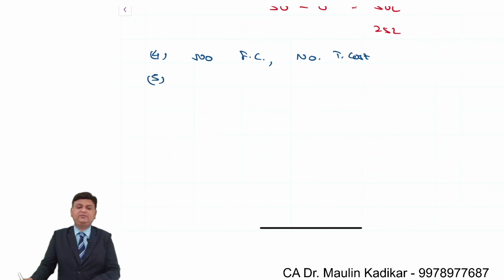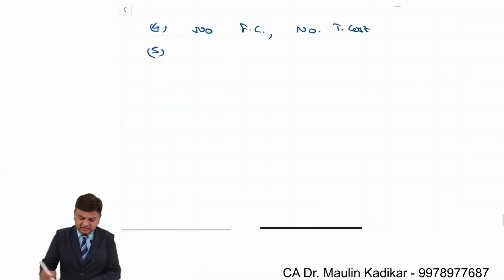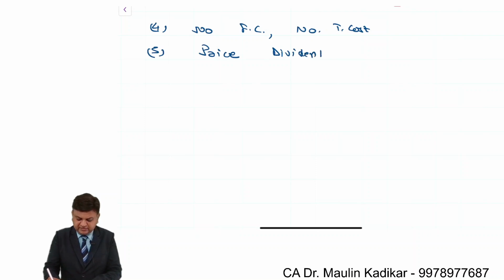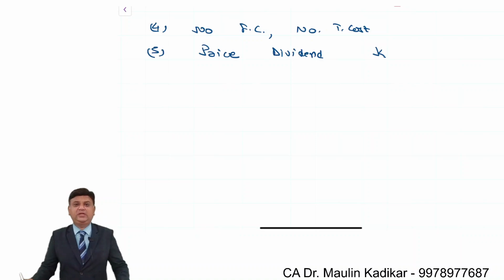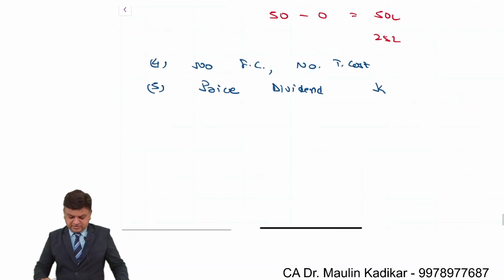Fifth assumption is that all investors are able to forecast the price of equity share, the dividend, the earnings, the future of the company, and all investors have the same discounting rate.